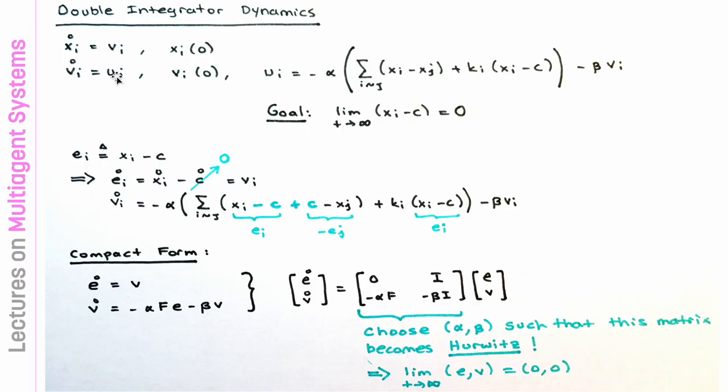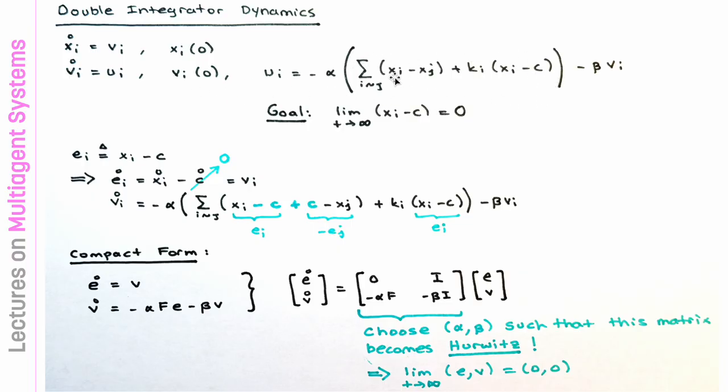So the ui control action is basically affecting your velocity change or acceleration, and your velocity change drives your system. And as our control signal, I put a gain here, alpha, and beta here. This is not new. We use this control signal when we deal with xi dot equals ui, the single integrator dynamics.